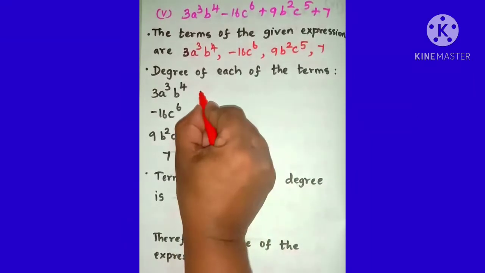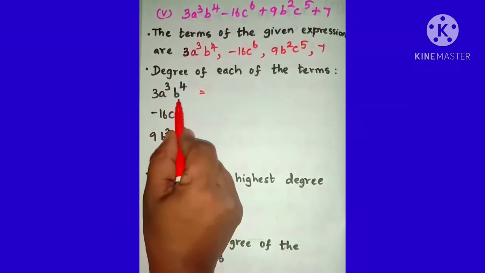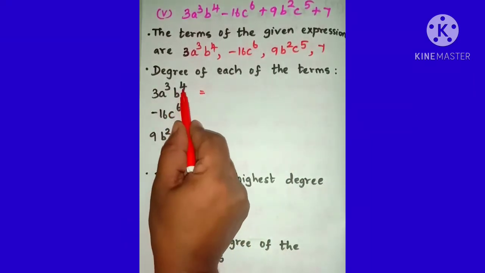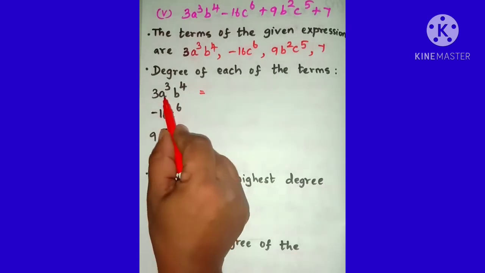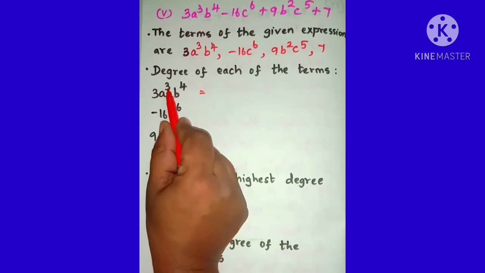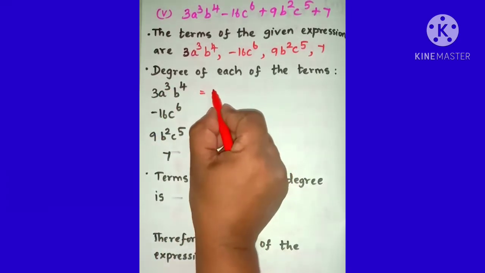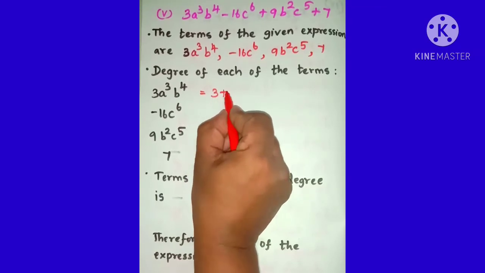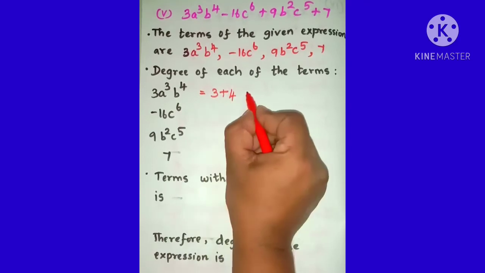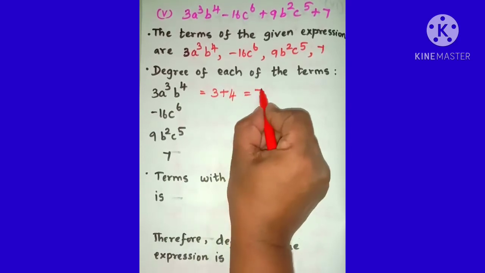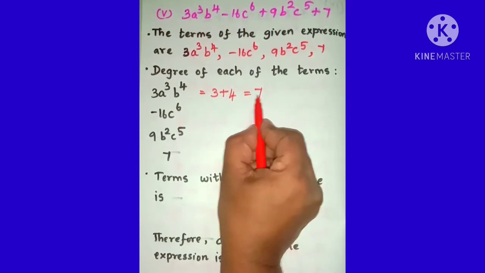So here the degree of the term 3a cube b power 4: 3 is the coefficient, so leave it, and a cube, that is 3 is the power of the variable a, so 3 plus the power of b is 4, so 3 plus 4 is 7, so 7 is the degree of this term.